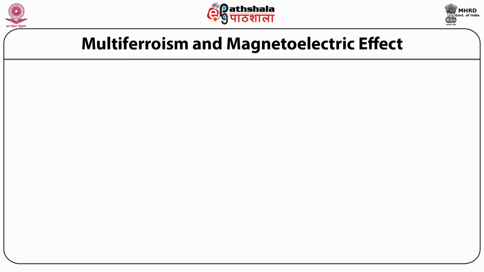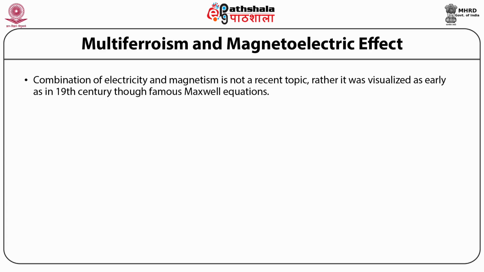Now let us discuss the two major effects, that is multiferroism and the magnetoelectric effect. The combination of electricity and magnetism is not a recent topic, rather it was visualized as early as the 19th century through the famous Maxwell's equations.